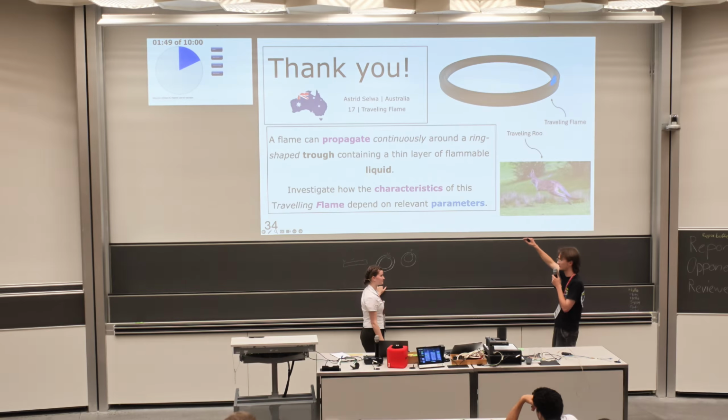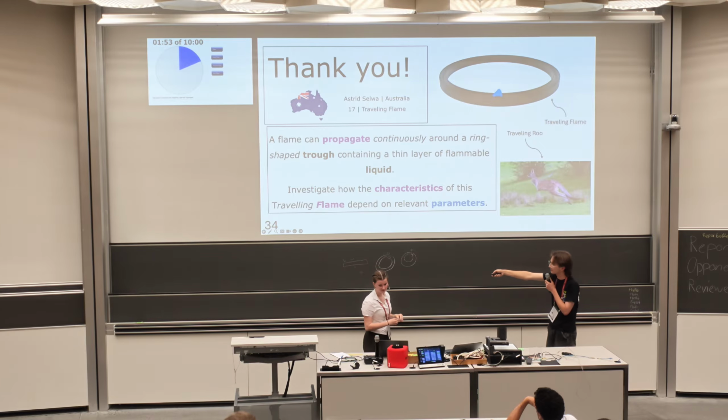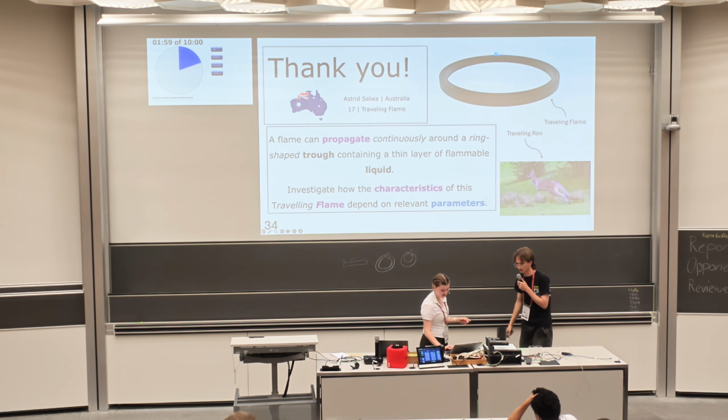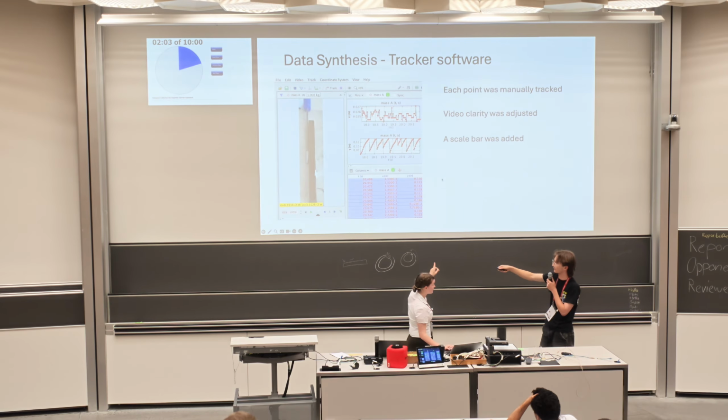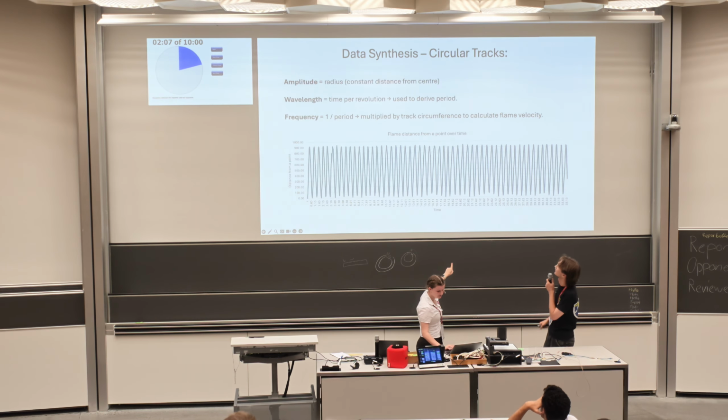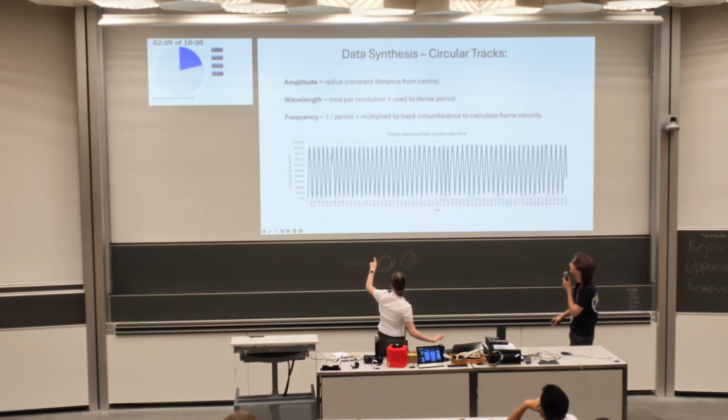And during your parameter variation, we've seen some of the velocity measurements. Were they taken with this linear type of flame, or with the ring one? They were taken as linear. This is how I measured it using Tracker, and additionally for parallax error.